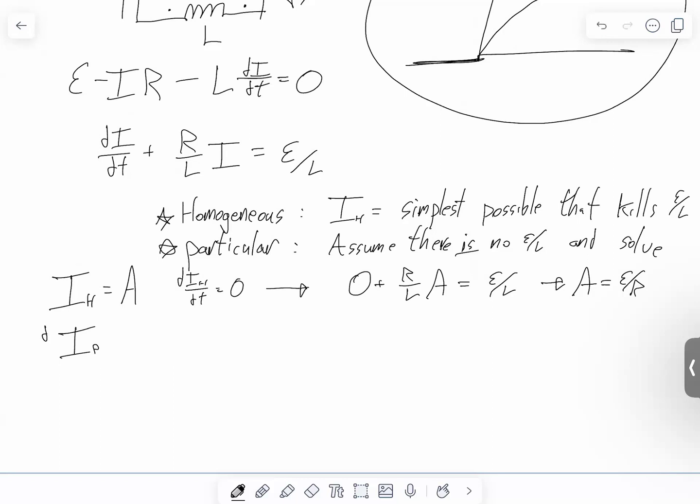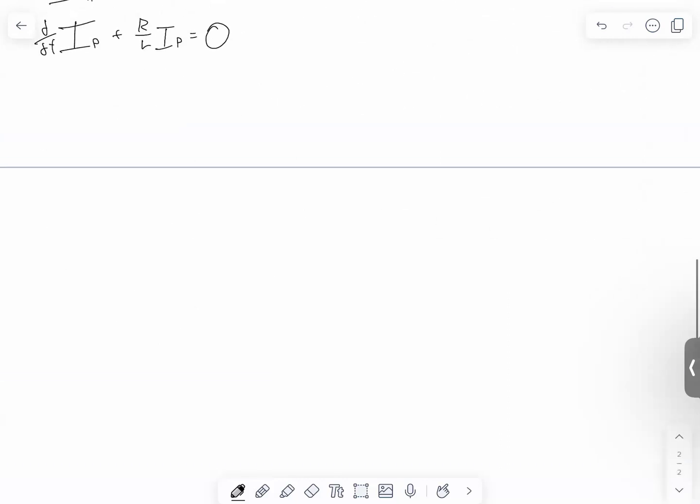IP solves the diffie-q: d IP dt plus R over L IP equals, well, I've already taken care of the inhomogeneity, script E over L. My proposed solution will be the combination of IP and IH, the particular and homogeneous parts.